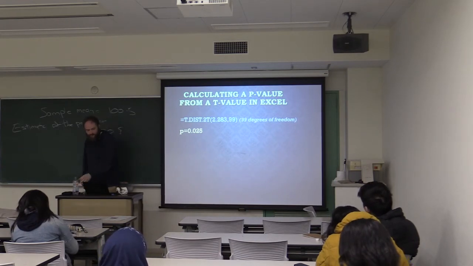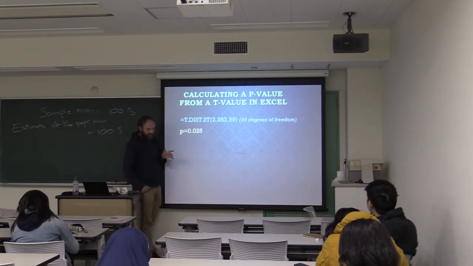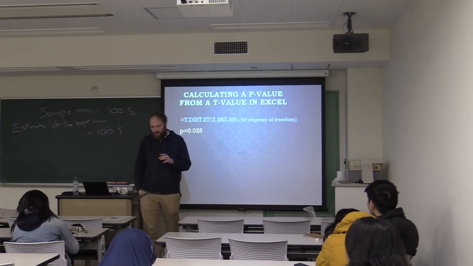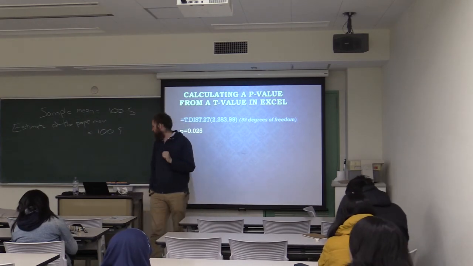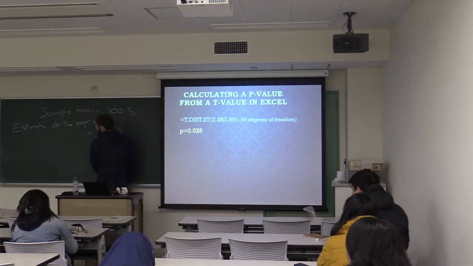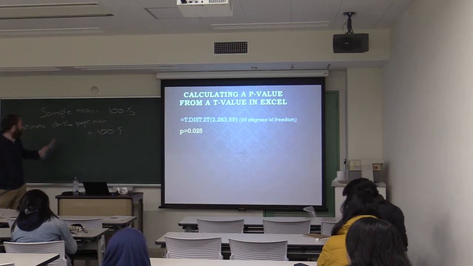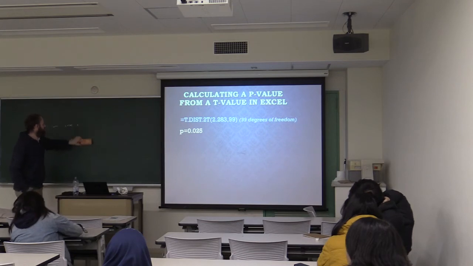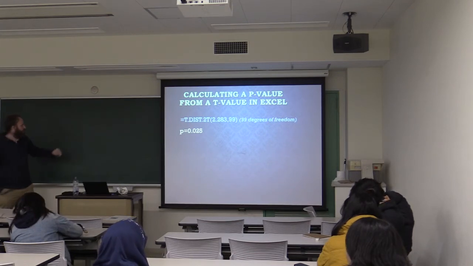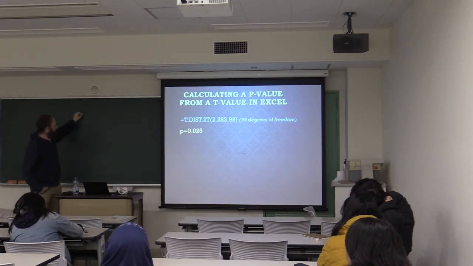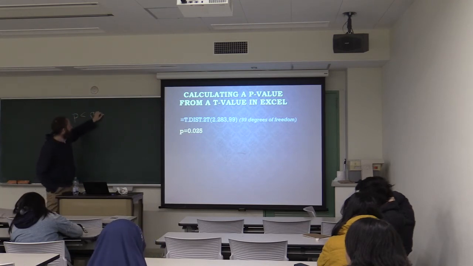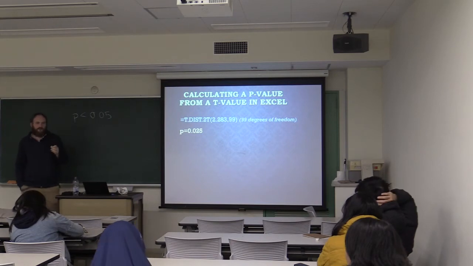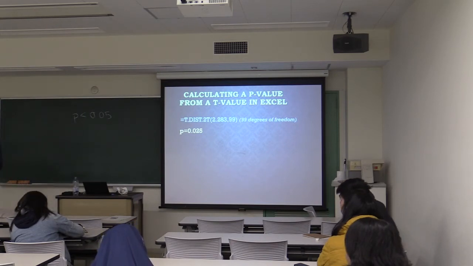So, in science, let's say in the natural sciences, we tend to use three different levels of significance for statistical testing. P being less than 0.05 is statistically significant.